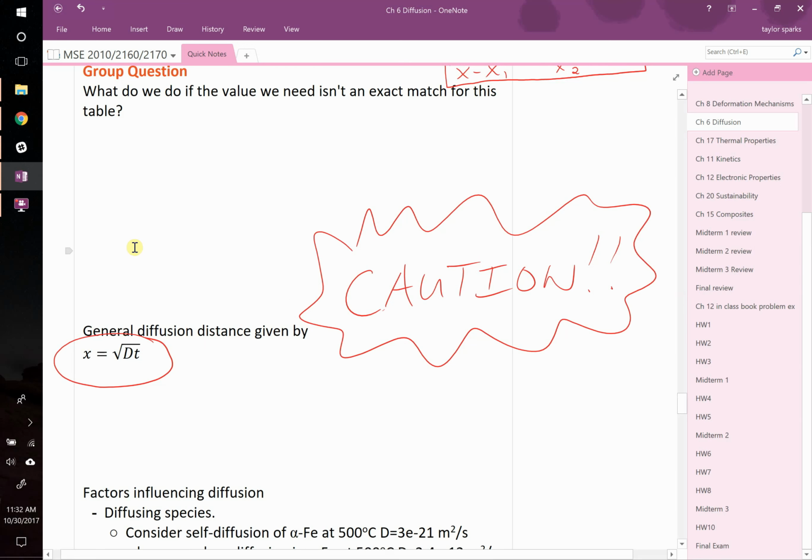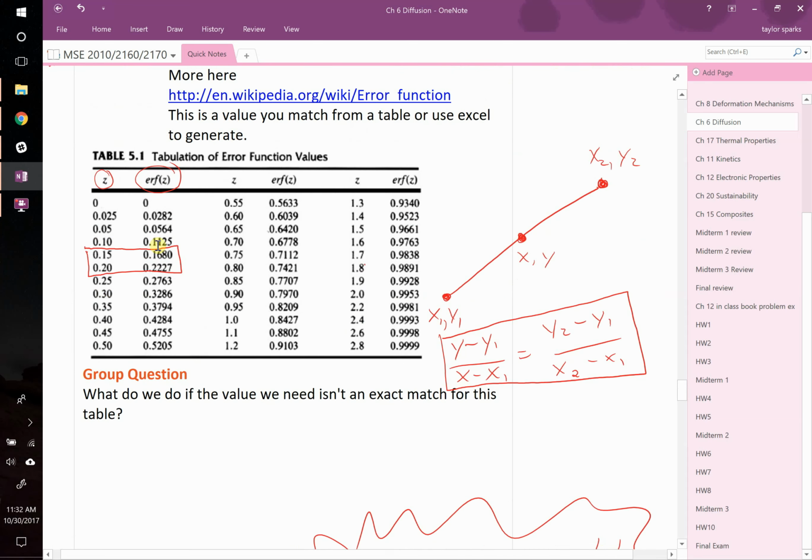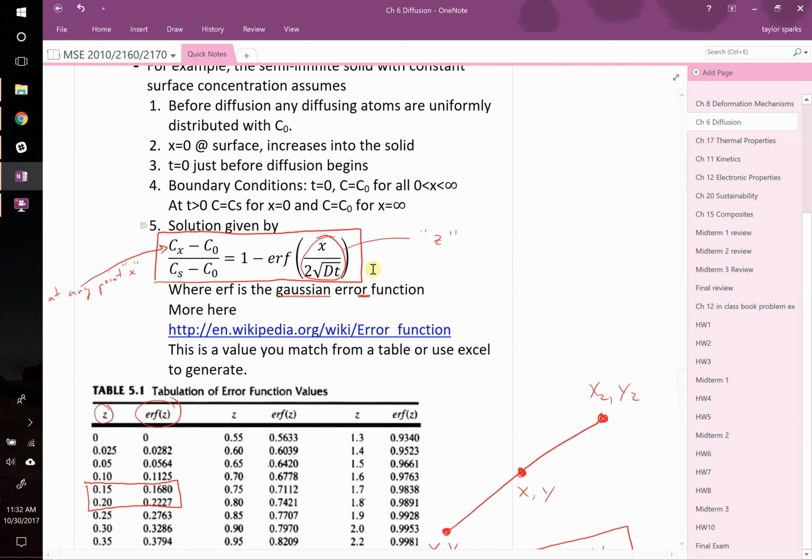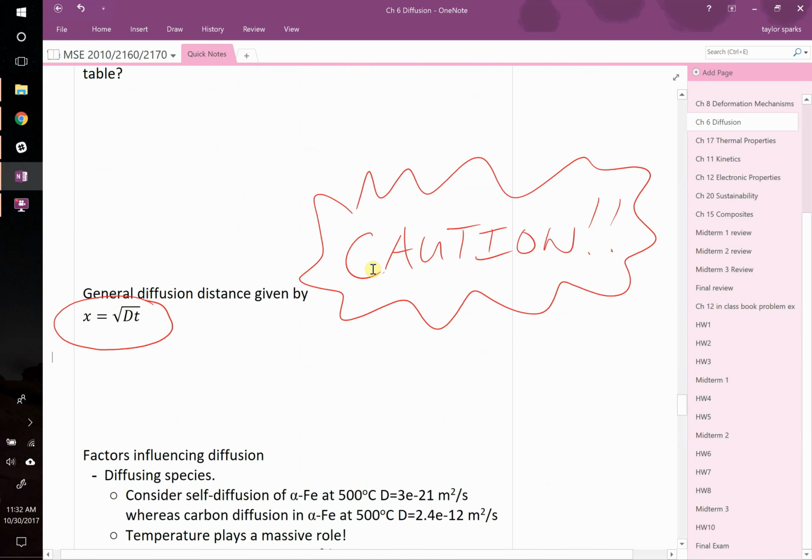If you want to figure out the actual diffusion distance, or the distance at which you're going to have some specific composition, use Fick's second law. Use this solution to Fick's second law, right? Almost always, this is what you should be using. I'll make it clear by saying, give me a very average ballpark, back of the envelope. I'll use words like that when I'm talking about an average diffusion distance, and that's when you can use this.